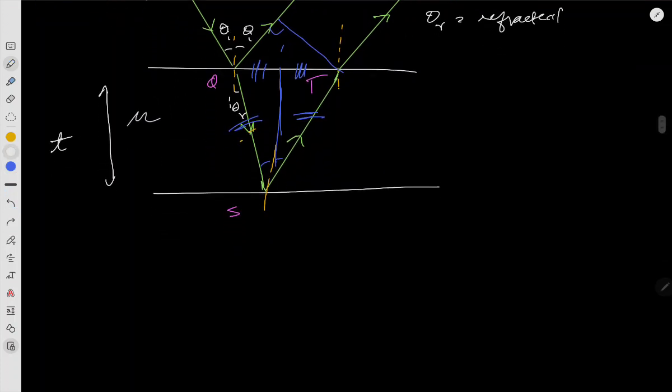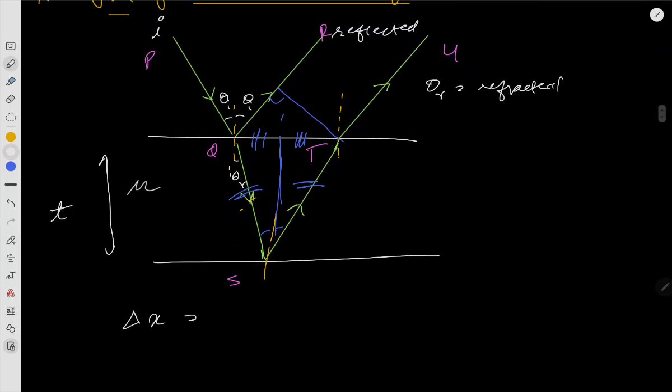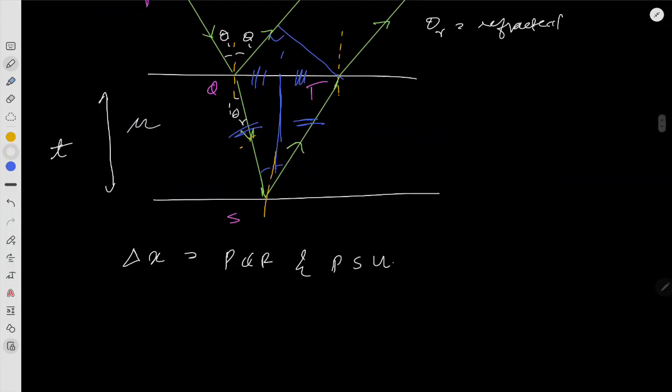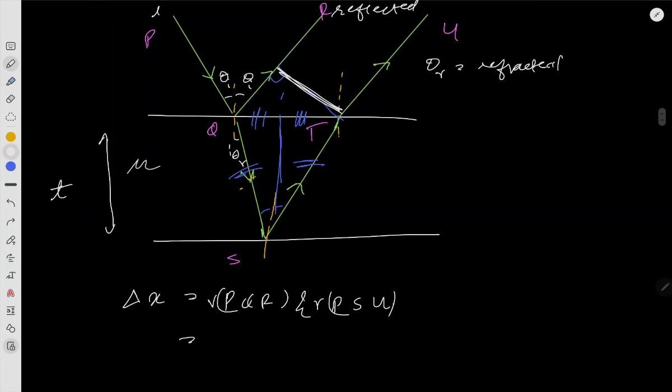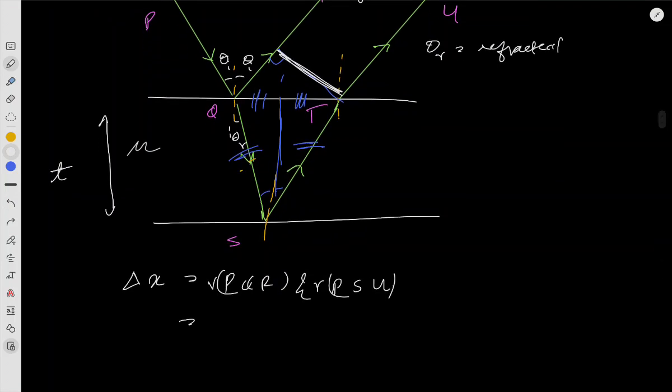So now let us write the path difference between the ray PQR and the ray PSU. Let us put a perpendicular over here as we did in YDSE, and this length is the extra length that the PQR ray traveled.